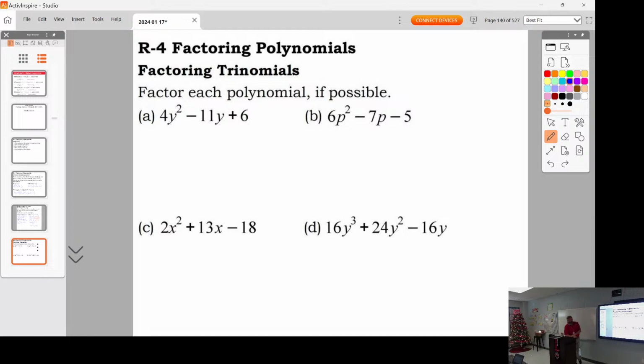First step, greatest common factor. Does 4y squared minus 11y plus 6 have anything in common? No common factor. Okay.